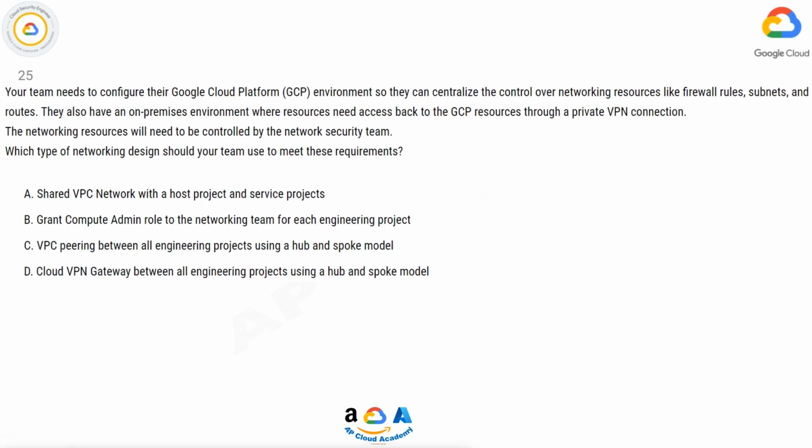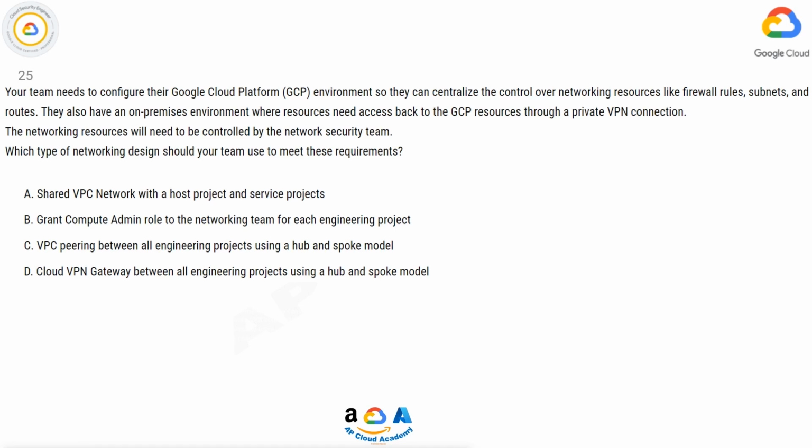25. Your team needs to configure their Google Cloud Platform, GCP, environment so they can centralize the control over networking resources like firewall rules, subnets, and routes. They also have an on-premises environment where resources need access back to the GCP resources through a private VPN connection. The networking resources will need to be controlled by the network security team. Which type of networking design should your team use to meet these requirements?